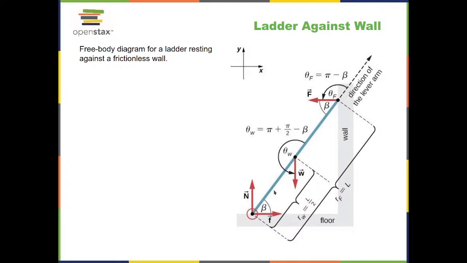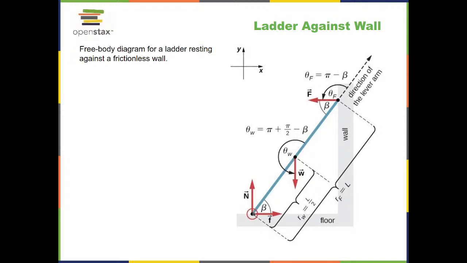We could also say we're going to take the perpendicular distance to the line of action, which is going to be just the distance L over 2, but times cosine beta to get the perpendicular distance, to the point where the weight, the line of action, would go through the floor here.